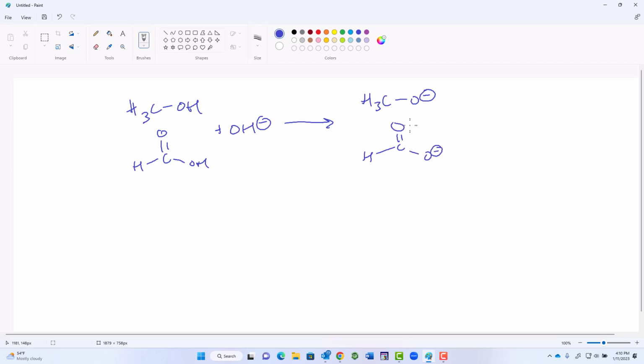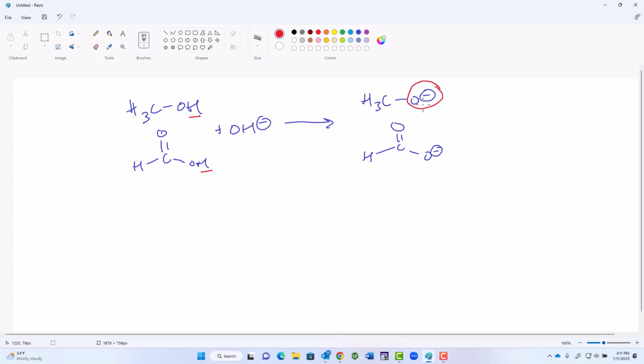So let's, for instance, compare the strength of these 2 molecules. We have methanol, and we have formic acid. We'll just add a generic base, hydroxide, and we'll be left with H3CO minus and HCOO minus. Which one of these would you predict to be the stronger acid, methanol or formic acid? When methanol loses this proton, we're left with an O minus that's a point charge.